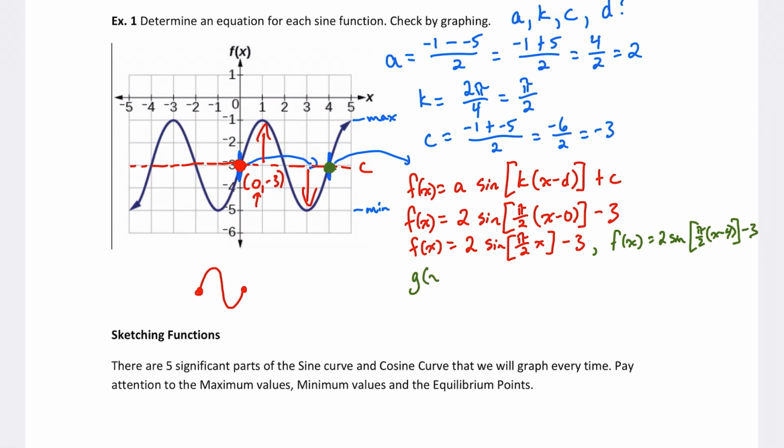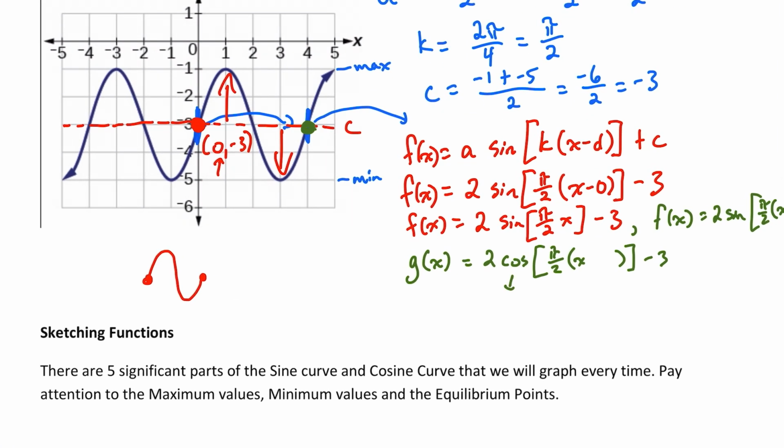We also could have called this, call it g of x equals 2 cos. Now let me go with cos here. Pi over 2 bracket, we got x, and we have -3. So if I were to make it a cos graph, what I expect for cos is that it starts at a max, goes down, and comes back up. So this is a maximum right there.